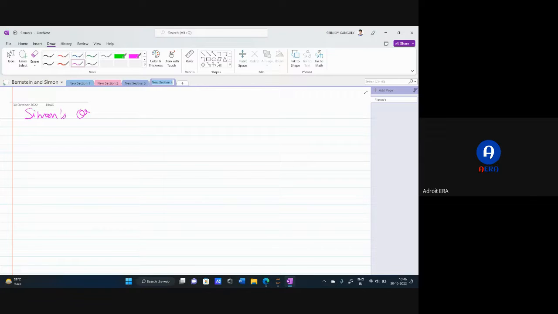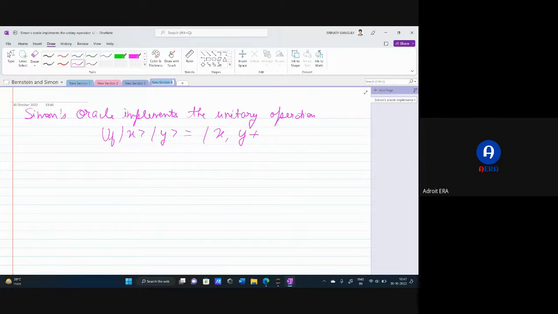Simon's oracle implements the unitary operation U_f. Again, it's the same thing as in Deutsch's algorithm, which is equal to ket x, y XOR f(x), but in Simon's we have y equal to 0.